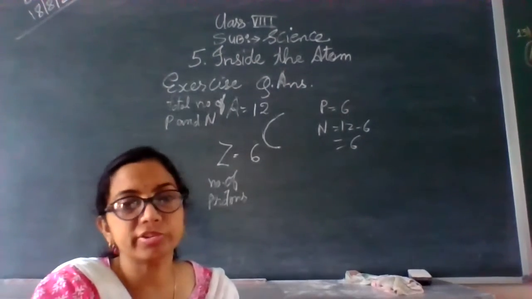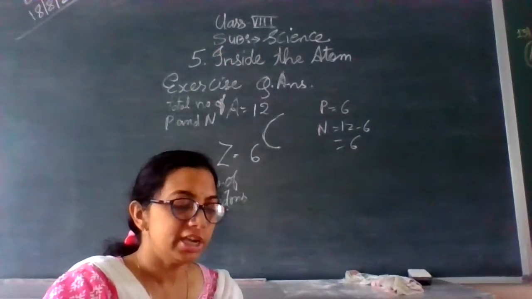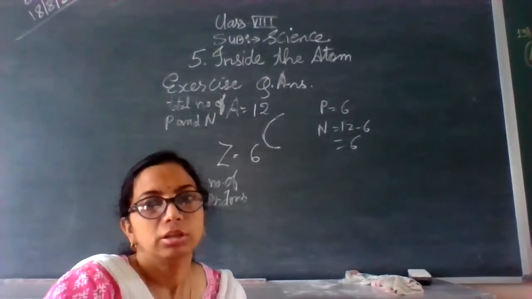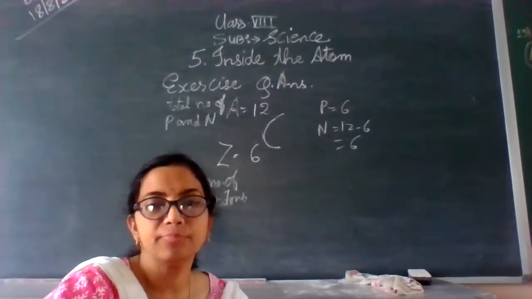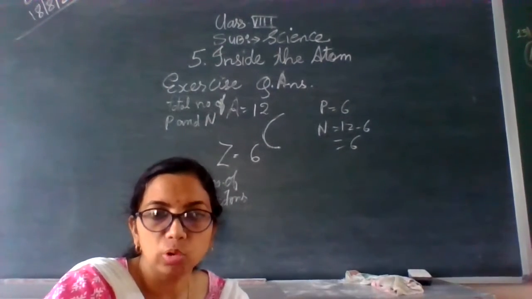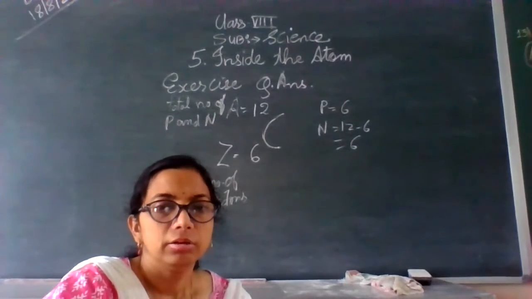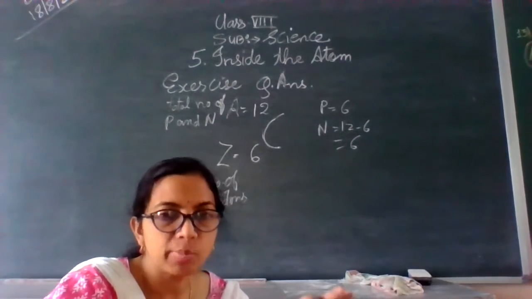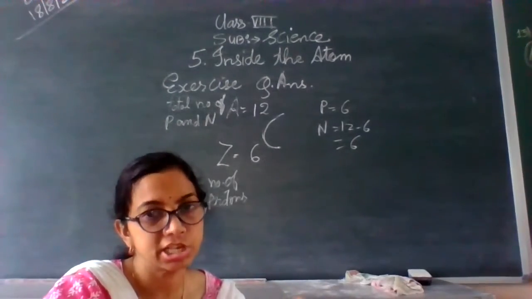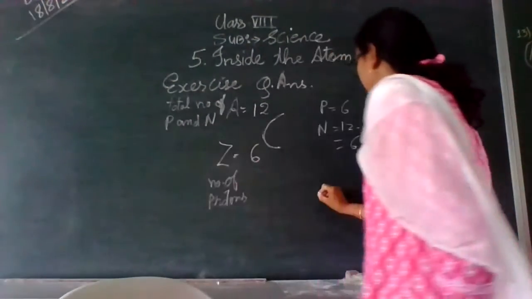Next question is related to giving reasons. All the mass of an atom is concentrated in the nucleus. Why? Because the mass of the atom, that is the protons and neutrons, are concentrated in the nucleus, and electrons, which have comparatively negligible mass, are moving in orbits around the nucleus.